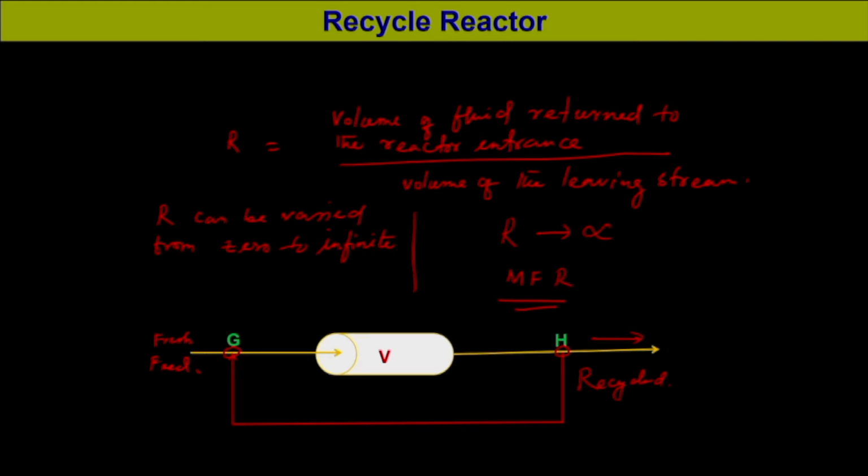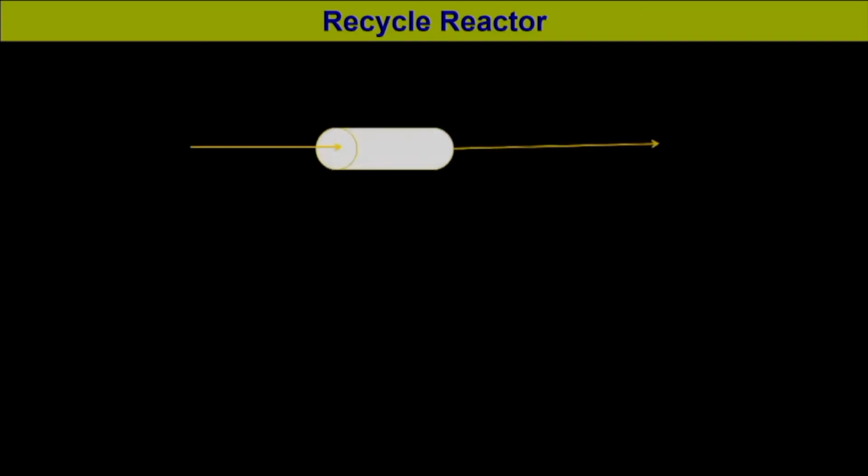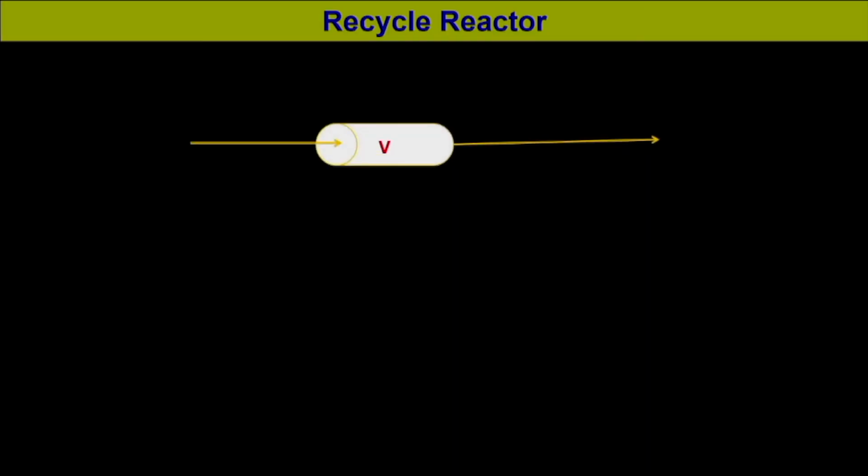Now, let us quantitatively see how this happens. Let us take a plug flow reactor of volume V, where the inlet to the reactor is Fa naught, the molar flow rate in, v naught is the volumetric flow rate of the feed, and its conversion is Xa naught.